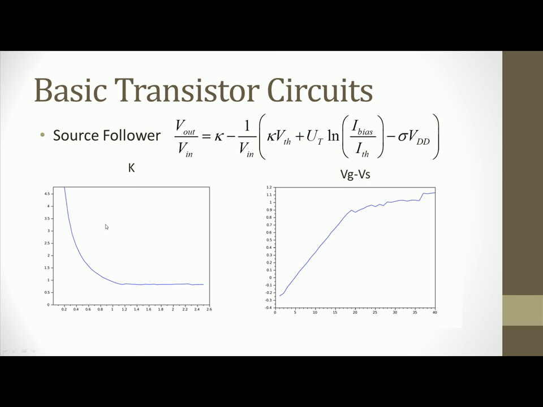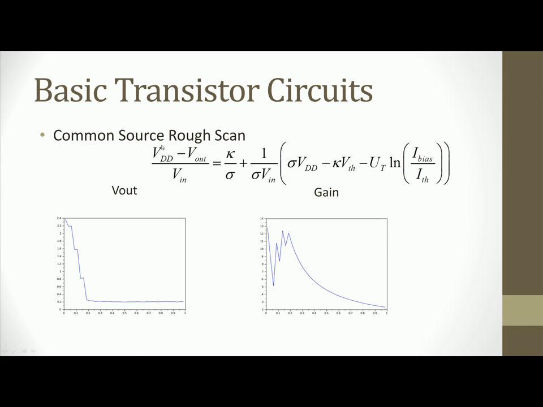We can see that the kappa curve is more relevant to the VGS. It's not about VG or VS only. So this effect may be due to the voltage difference, which will change the potential barrier over the source side. So I think the kappa mainly depends on VGS, not only VG.